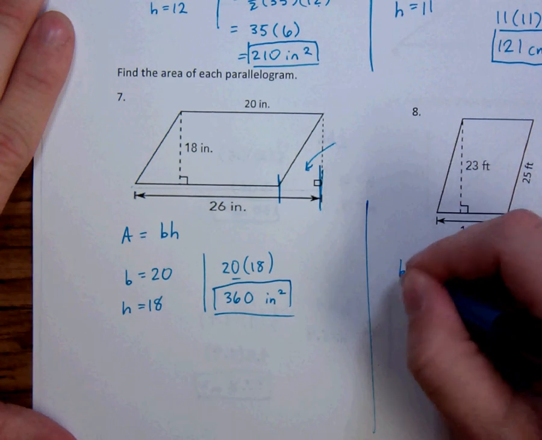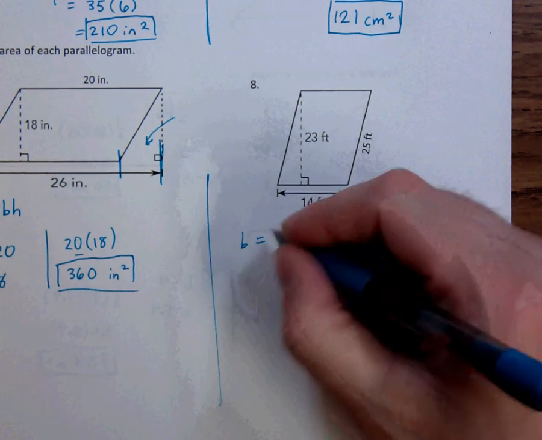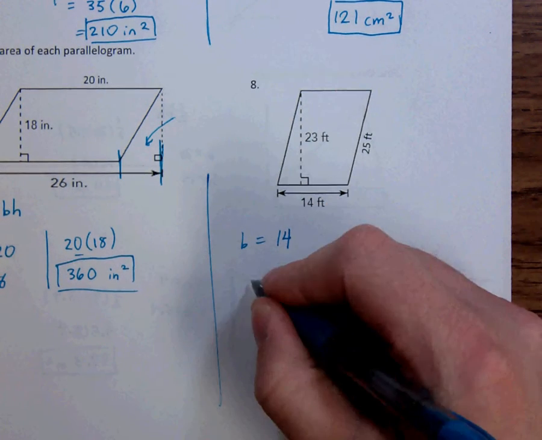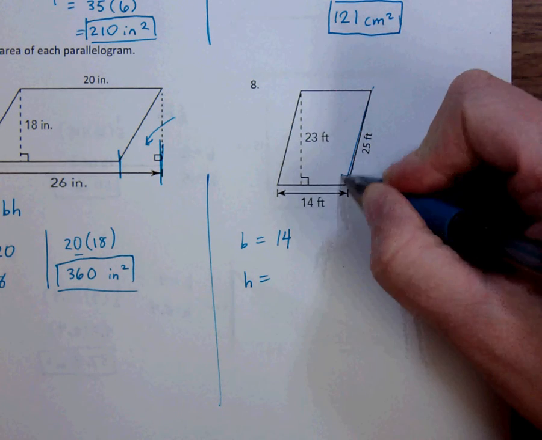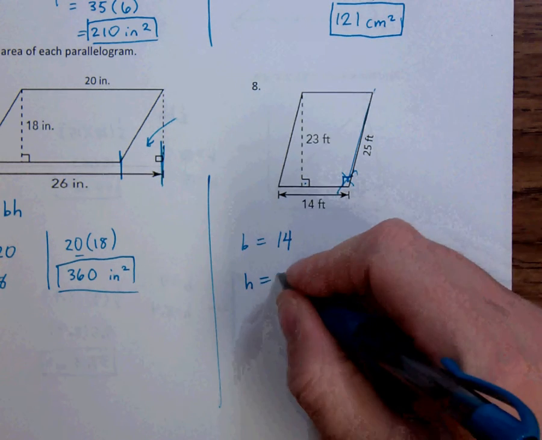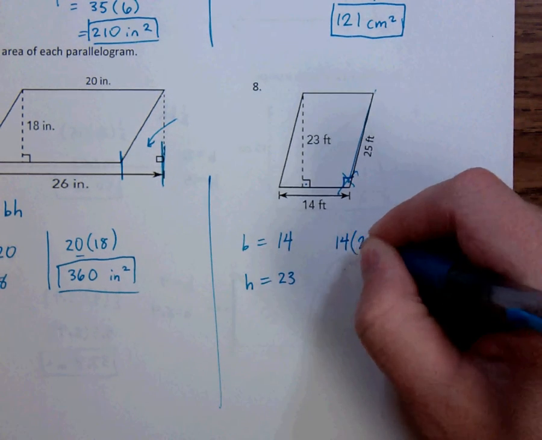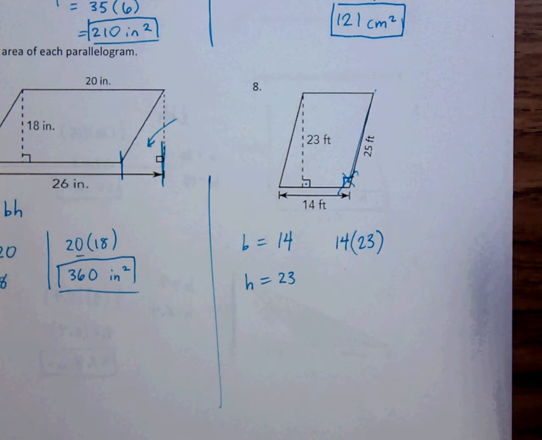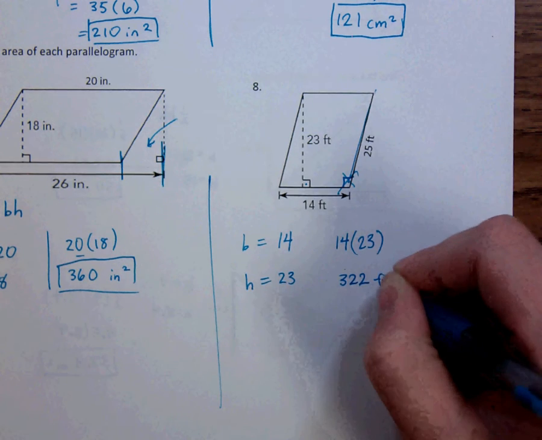This one, the base is 14, and the height is not 25 because that's not a right angle, guys. This is the right angle. That would be 23. So base times height would be 14 times 23, which is 322 feet squared.